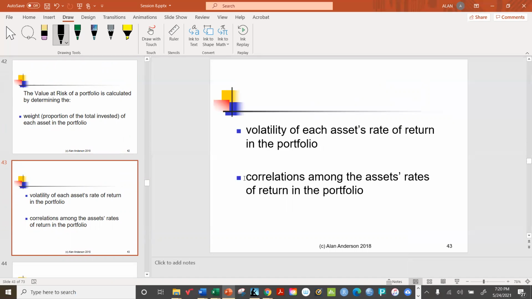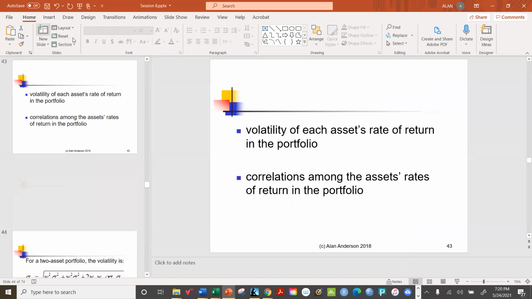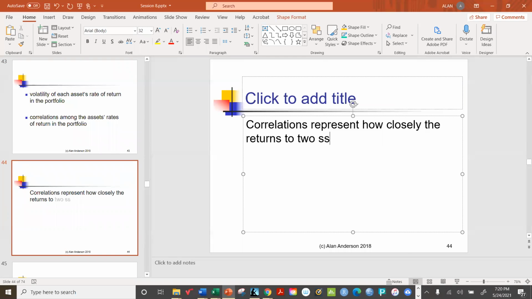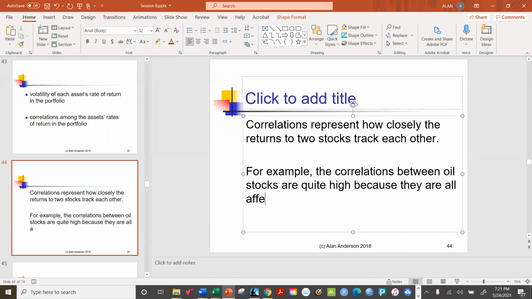Now, of course, the correlations represent how closely returns to two stocks track each other. For example, the correlations between oil stocks are quite high because they're all affected by the same variables, especially the price of oil.